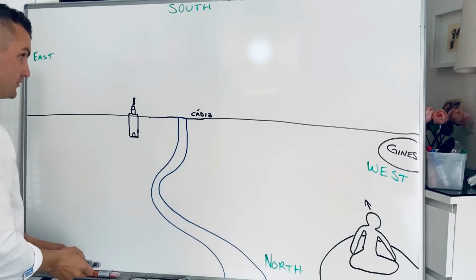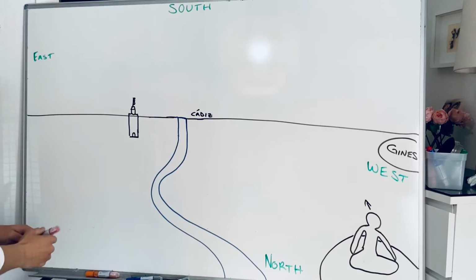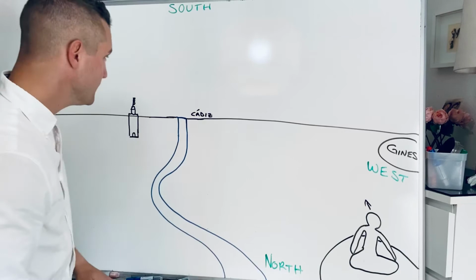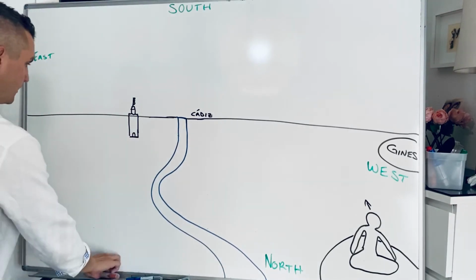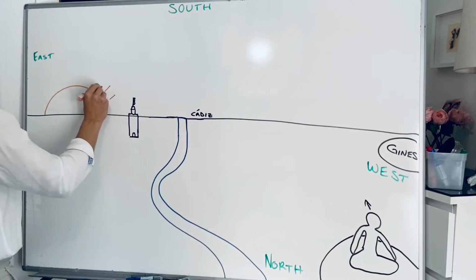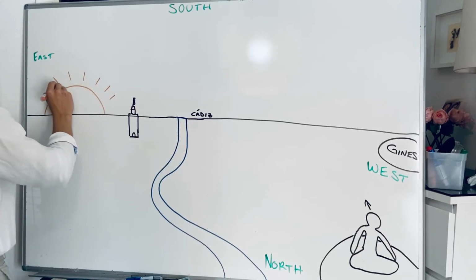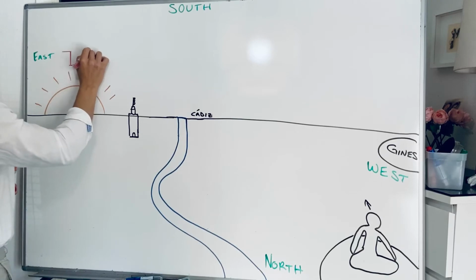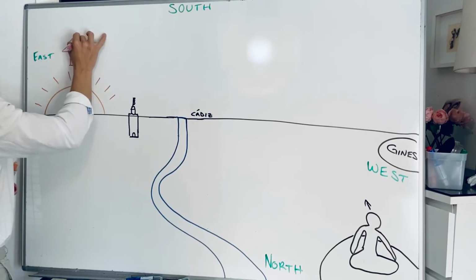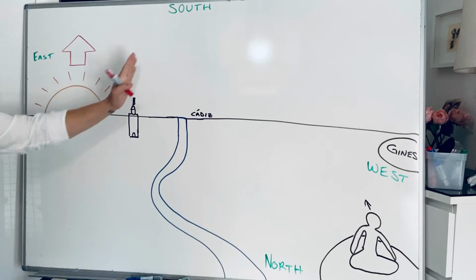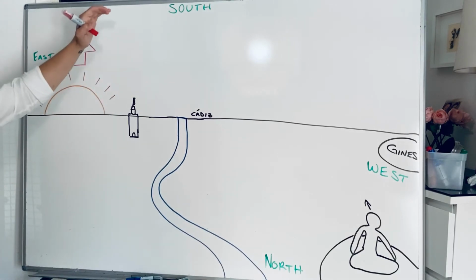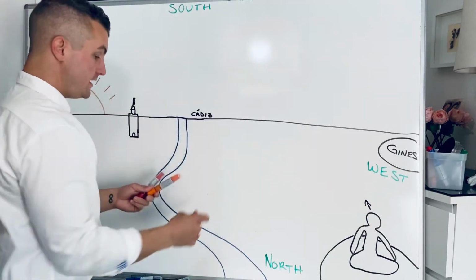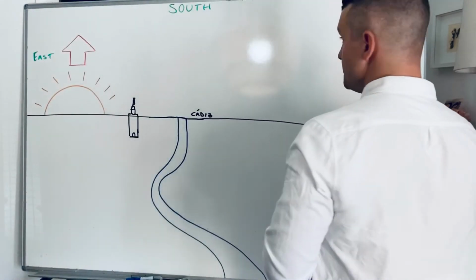Now, we're going to write a message here. This is the same message we wrote on the wall the other day at school with chalk. I'm sure you remember. The sun rises in the east. Looking at the southern sky, the sun rises in the east, and it goes over, and now we're going to draw another sun over here.